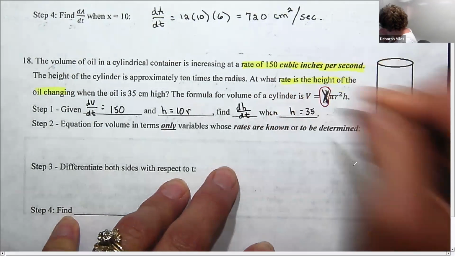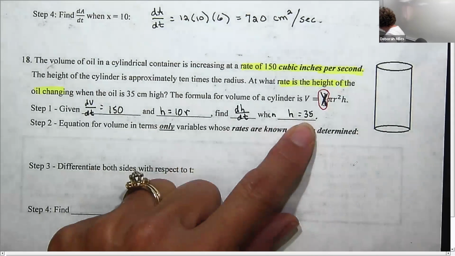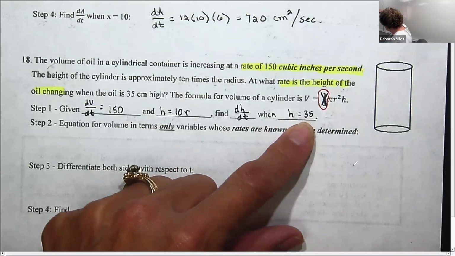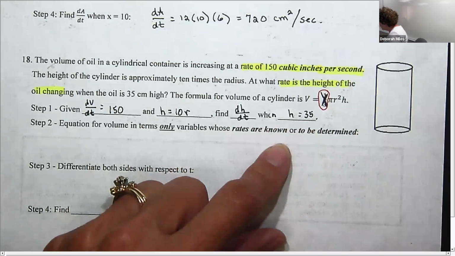The first thing you want to be able to do on every problem is write that sentence. And I put words in it. Given this and this, find this when blah. And that 35 is not a constant. The depth of the oil is changing throughout, so I'm not going to substitute it into the equation too early.